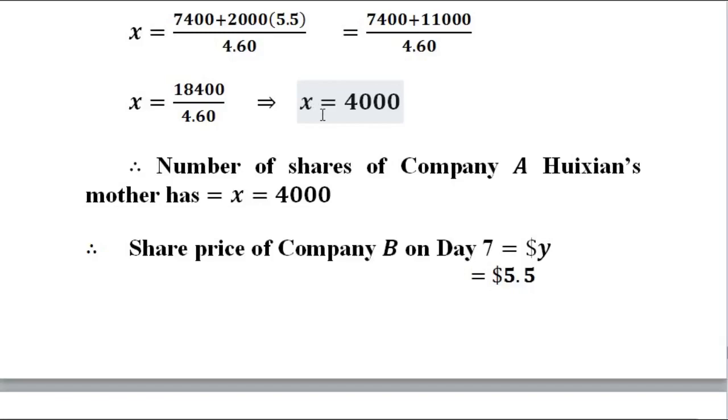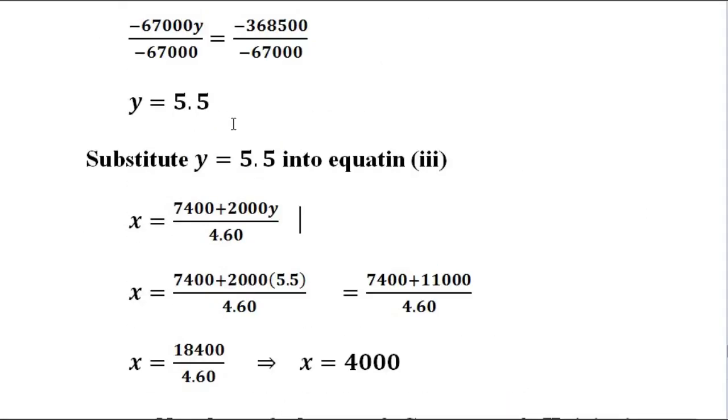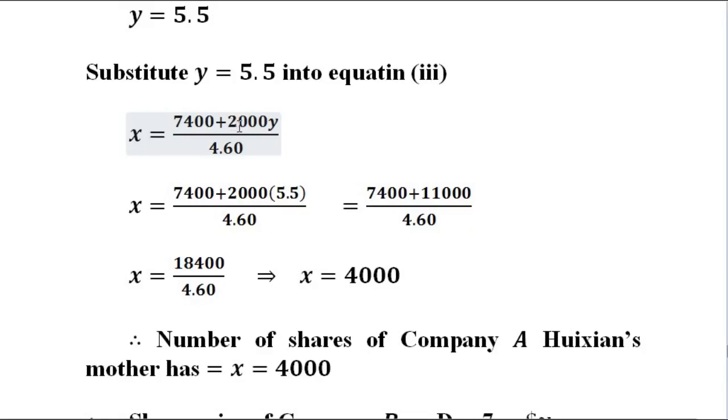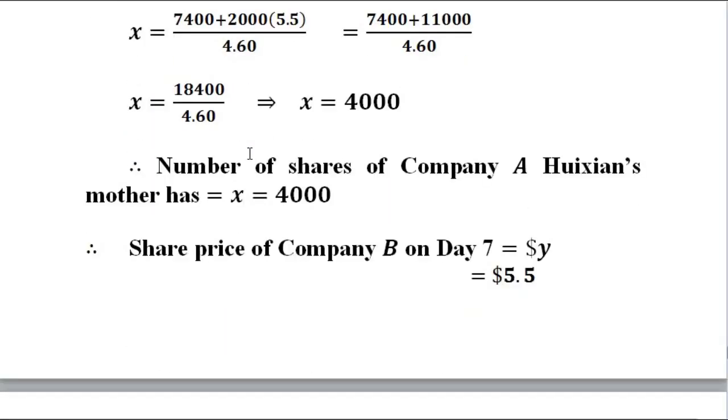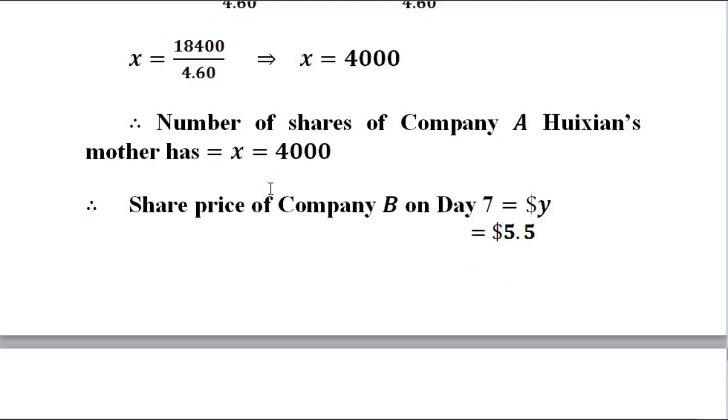Now that we have found the values for the variables x and y, we can determine the number of shares of company A that Hugin's mother has. We assume that x is 4,000. The share price of company B on day 7, which we assumed as y, is $5.5.